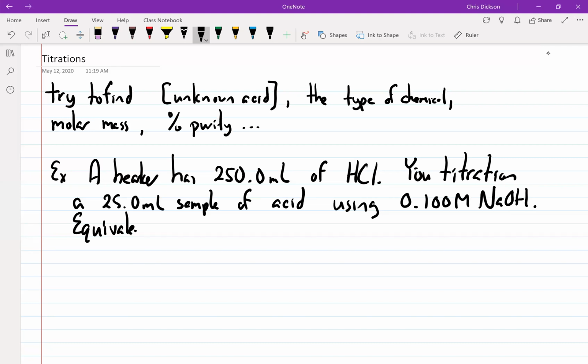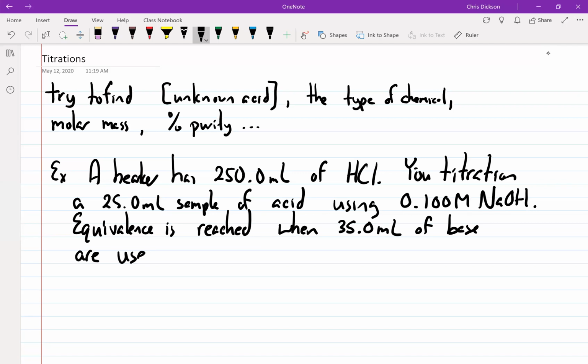Equivalence is reached when 35.0 milliliters of base are used. Okay, you could write that down. The video is going to be posted online, so if you want to, just go back to it and look at it.